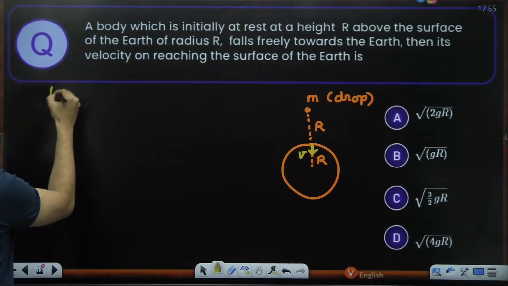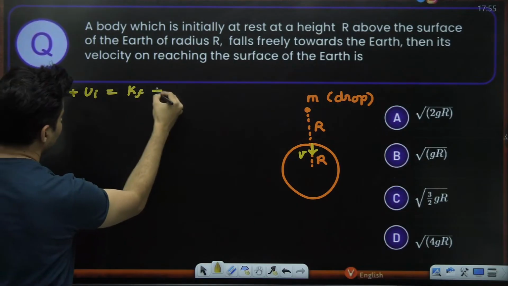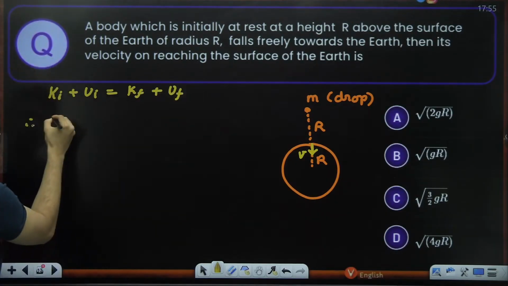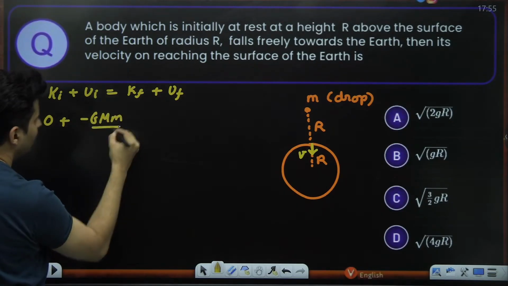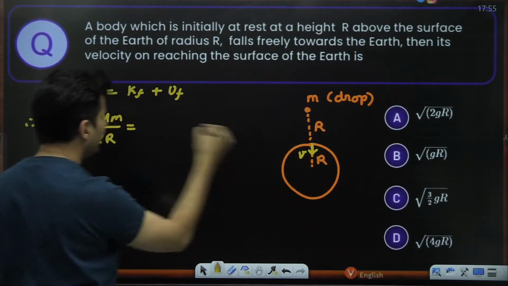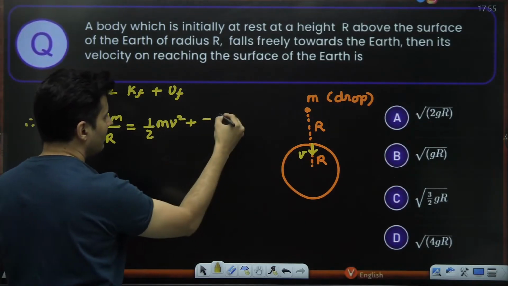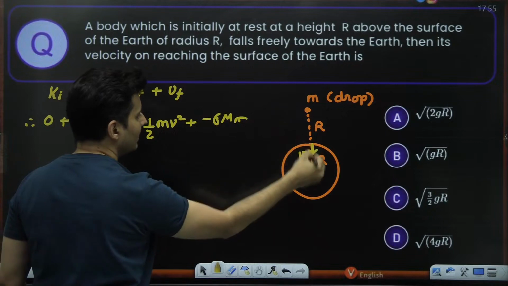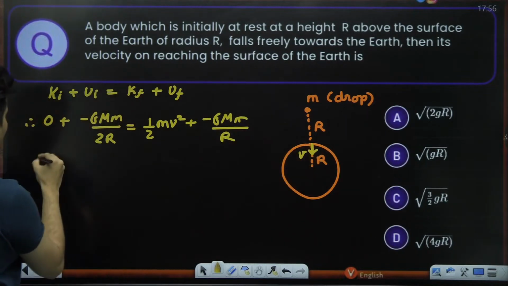So I can say initial kinetic energy plus potential energy is final kinetic energy plus final potential energy. Initially, it had no kinetic energy. Potential energy was minus GMm by the total distance, which is basically 2R. Finally, when it hits over here, it has half m v square. Potential energy will be minus GMm, and when it is here, the distance is only R. So by R, bring this guy over here.